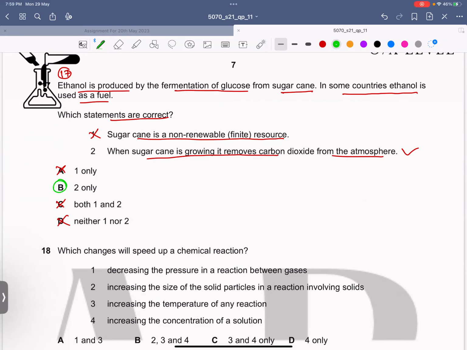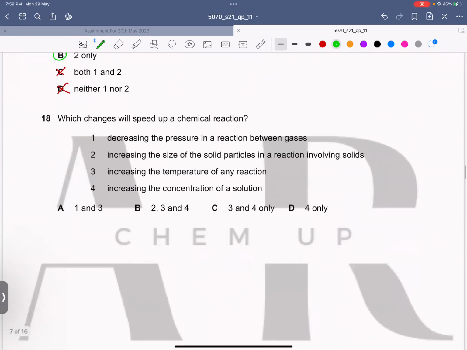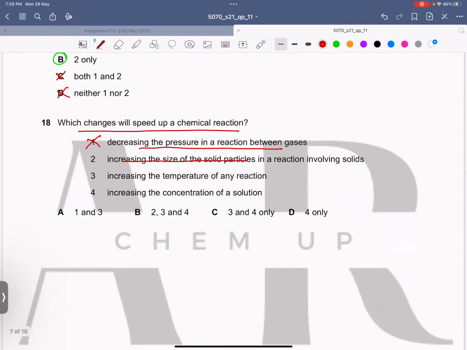Now, question number 18. Which changes will speed up a chemical reaction? Decreasing the pressure in a reaction? No, decreasing pressure never speeds up the reaction. Increasing the size of solid particles?